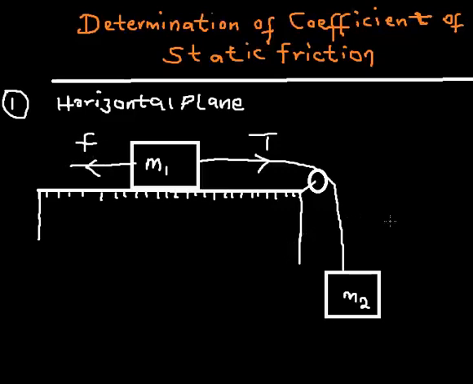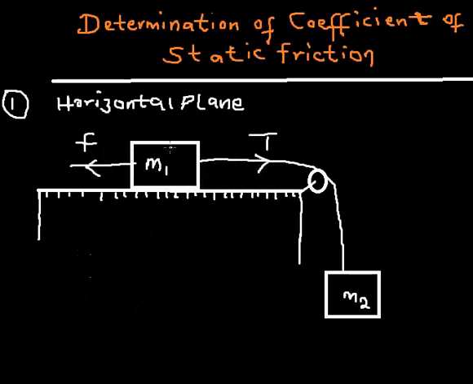Now, because this body M1 is at equilibrium, remember that for an object to be at equilibrium, the net force on that object is 0. And how do you get the net force? The net force for two forces acting in opposite directions is their difference, so I have to subtract the two forces.